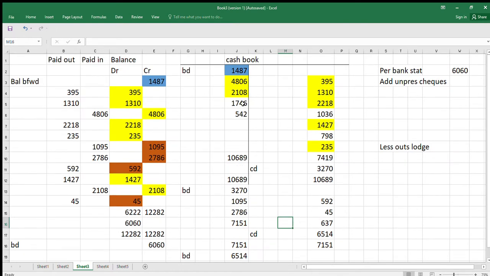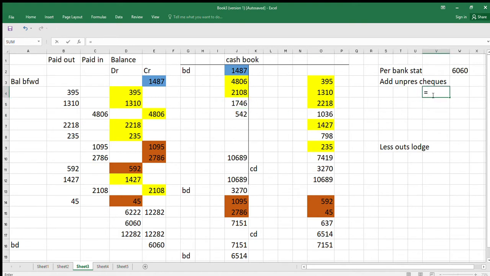So the last bit then is what is in our, so now we've got these ones in here. Let's put these brown ones there. Let's just colour that. So that was step 1, the yellow. Step 2, the blue. Step 3, adjust the cash book, our browns. Let's now have our outstanding, well, let's do the unpresented checks first.